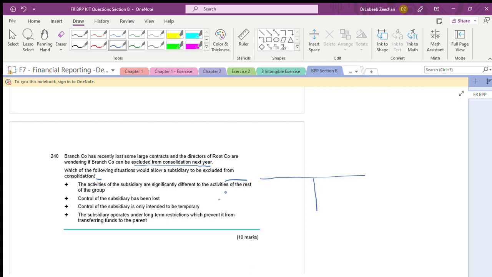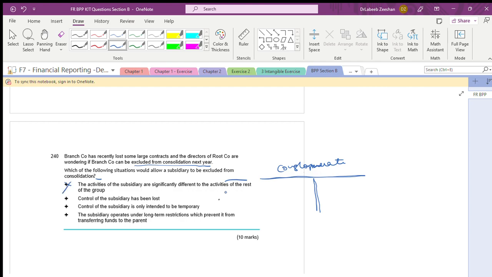That's what we call a conglomerate. We have mergers, vertical and horizontal. There is no condition that the activities of the subsidiary are significantly different. It is not workable.